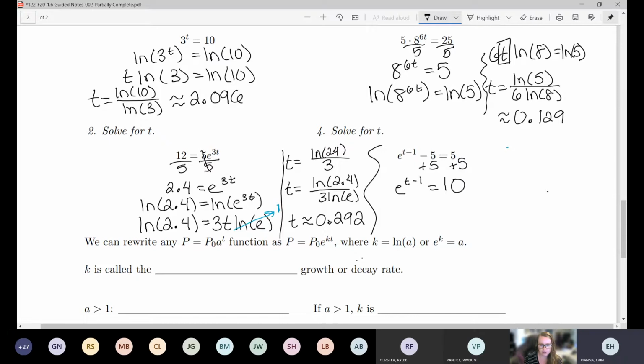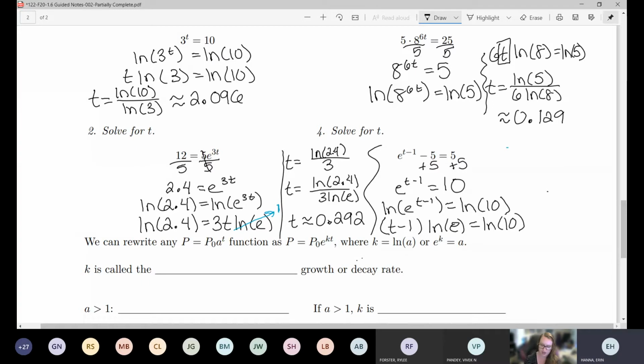Once you've isolated the exponential, that's when we take the natural log of both sides. You want to bring the entire power out, and since we have subtraction in that power, you should put it in parentheses. So whenever you have addition or subtraction coming from the power, put it in parentheses.